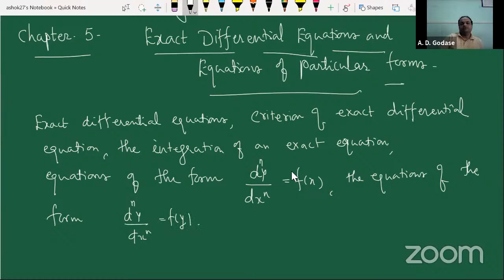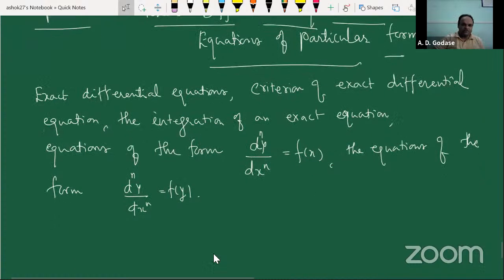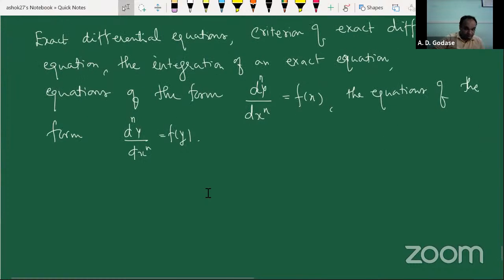So this is the second form. So chapter number 5 contains nth order differential equations. In that you'll see exact differential equations, criterion of exact differential equation, the integration of an exact equation, equations of the form nth derivative of y is equal to f(x) and nth derivative of y equal to f of y. So it is a function of x and it is a function of y.